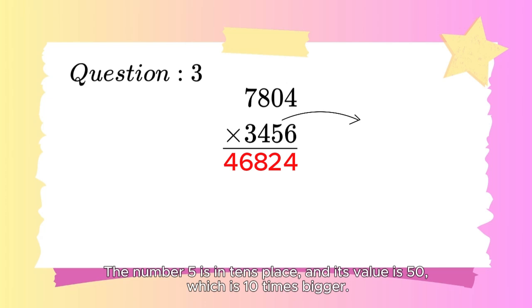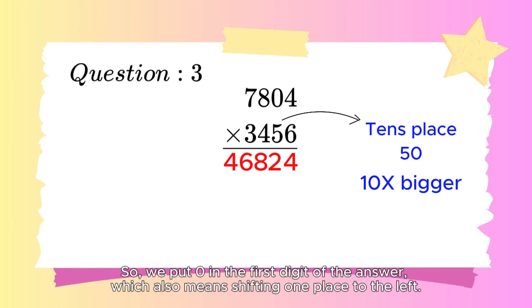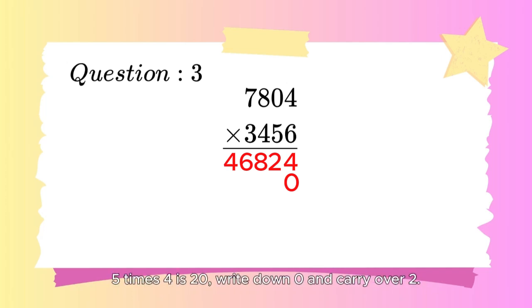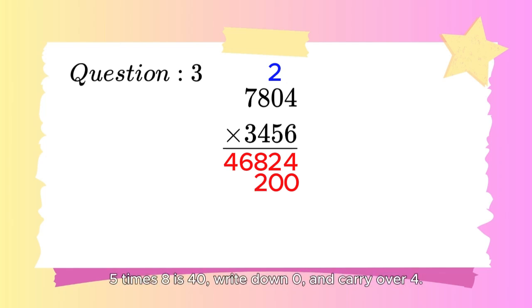The number 5 is in the tens place, and its value is 50, which is 10 times bigger. So we put 0 in the first digit of the answer, which also means shifting 1 place to the left. 5 times 4 is 20. Write down 0 and carry over 2. 5 times 0 is 0 plus 2 carried over, which is 2. 5 times 8 is 40.